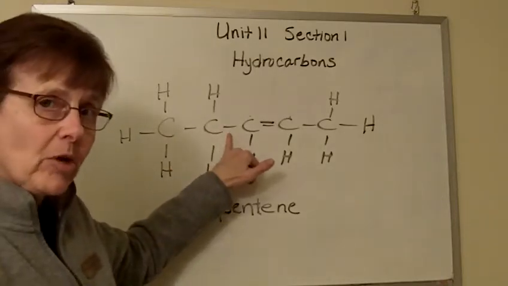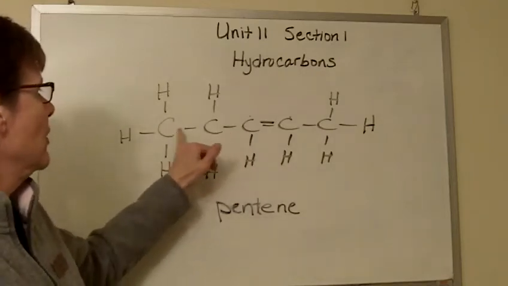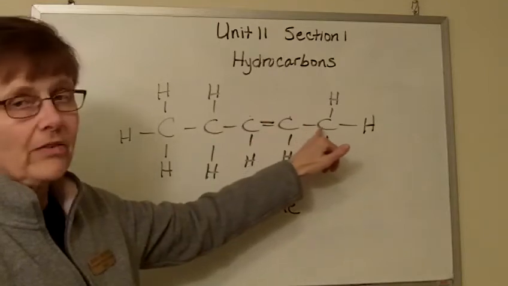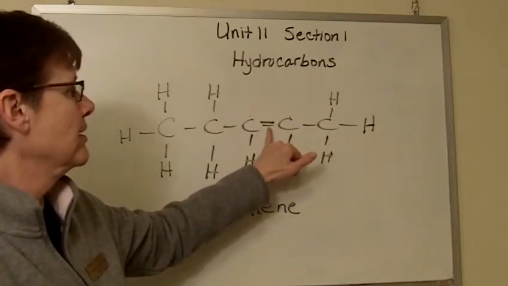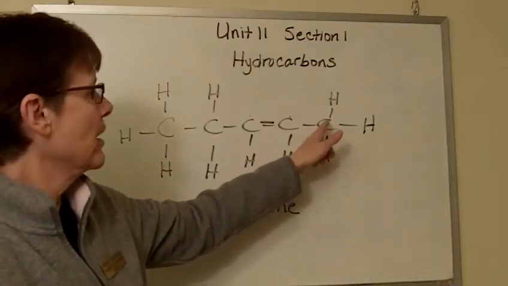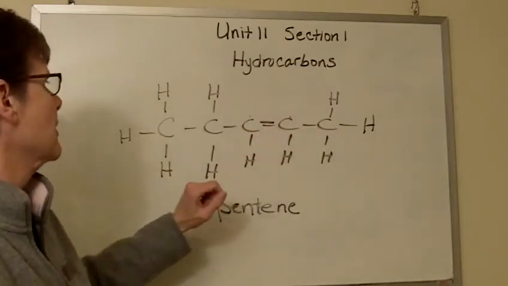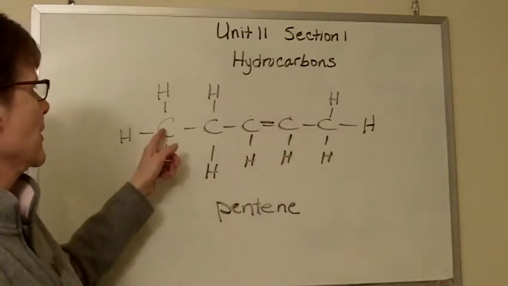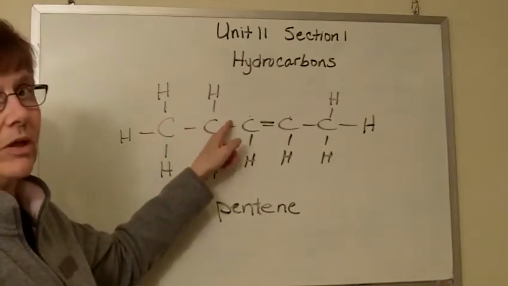If I had put the double bond here, that would not be a different molecule, because we have 1, 2, 3, 4, 5 carbons here, and right now the double bond is between, if I started numbering over here and I said, okay, here's 1, here's 2, it's between 2 and 3. Now, what if I started numbering over here and I said, here's 1, here's 2, and I put the double bond between 2 and 3?